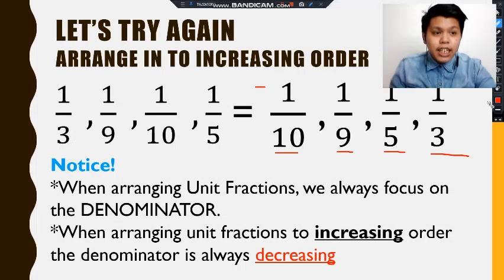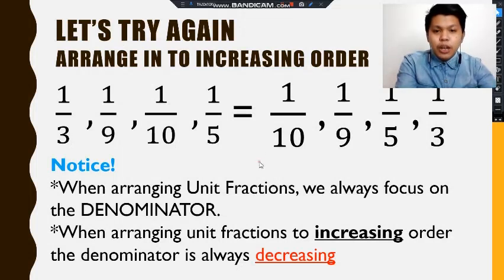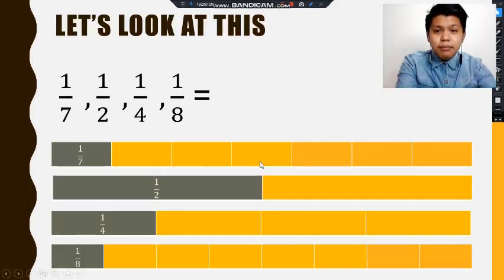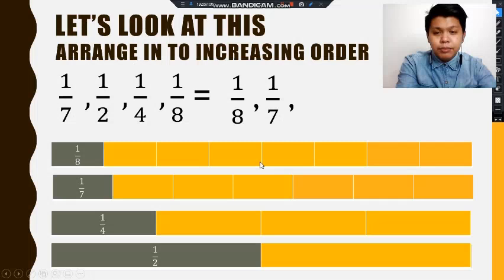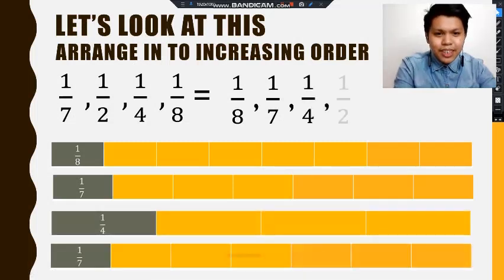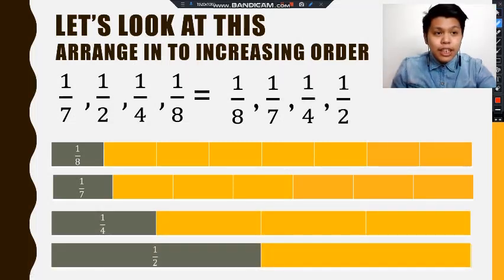Let's see again our example a while ago. Okay, so I want you to check again our example a while ago. So if you look at this one, 8, 7, 4, 2.